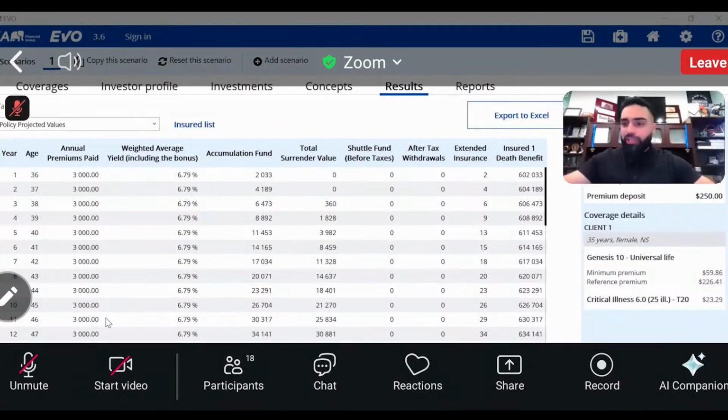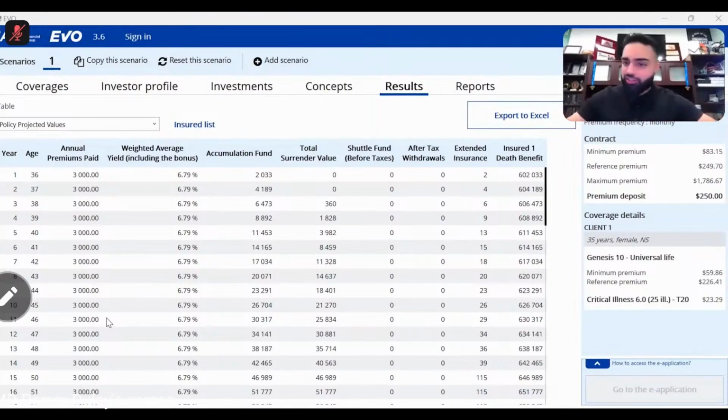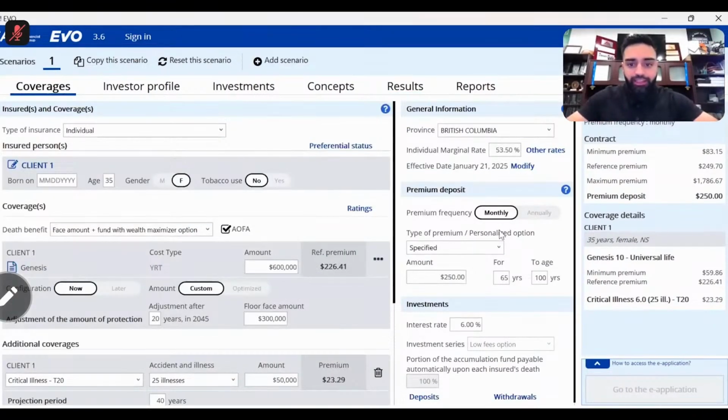And by the way, in 20 years, if they never want to put money into this policy again, they don't have to. If they want to increase it from 250 a month to 500 a month, they'll have an even better retirement. So I'm going to show you that number before I continue. Let's say this client, instead of 250, puts in $500 a month into this plan.